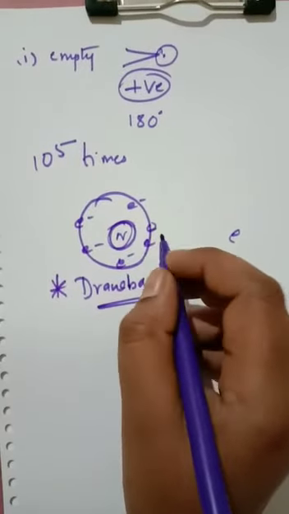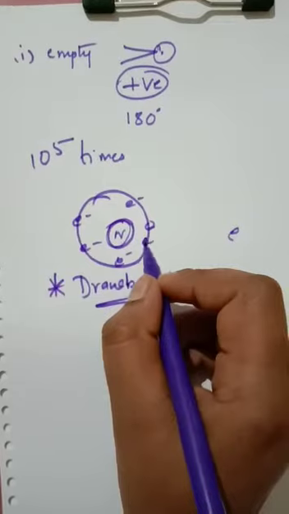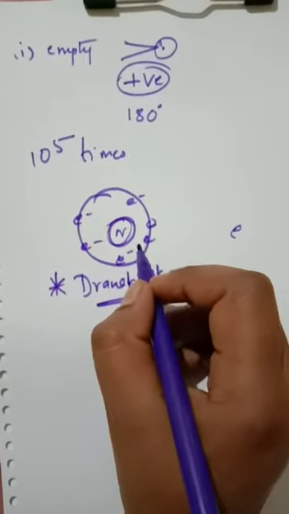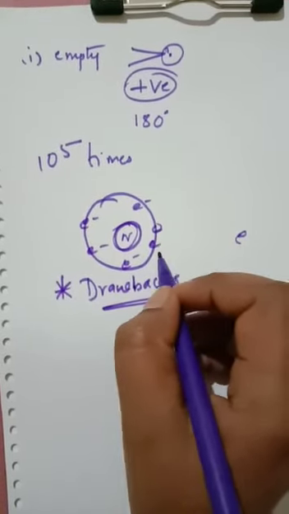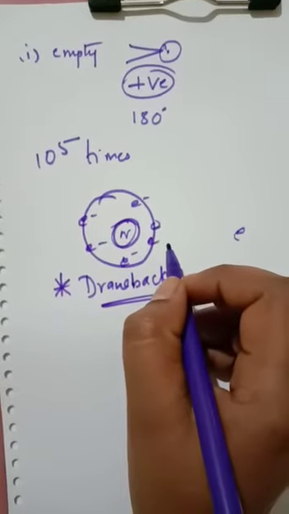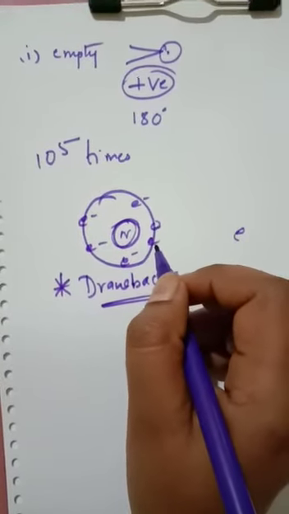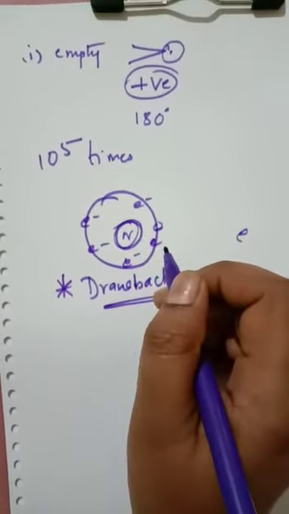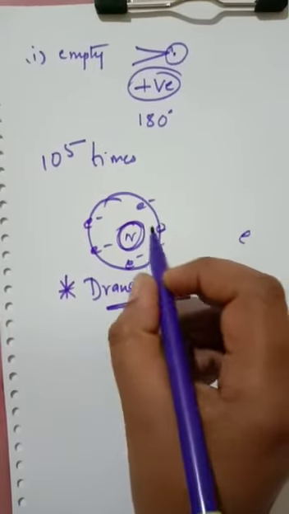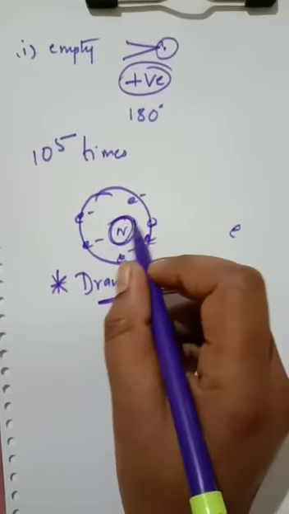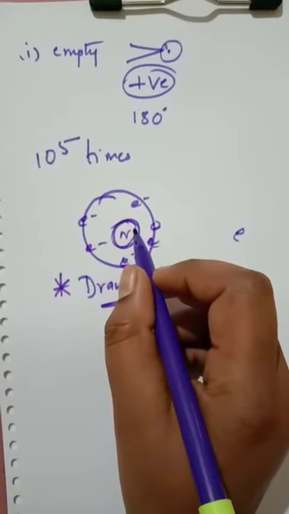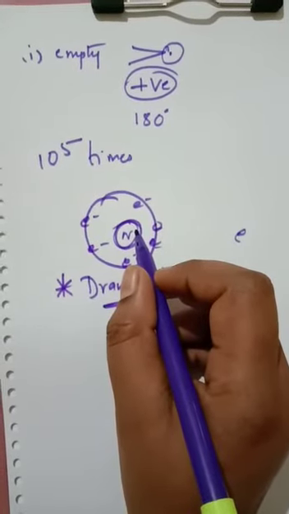If this were so, the atom should be highly unstable, and hence matter would not exist in the form that we know.